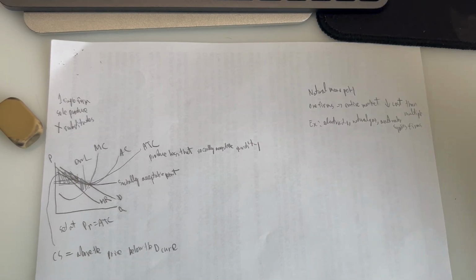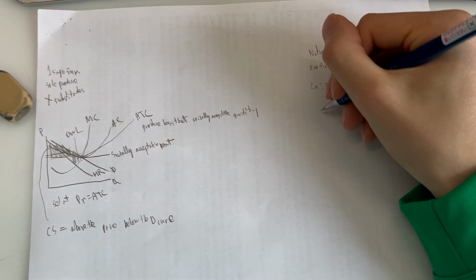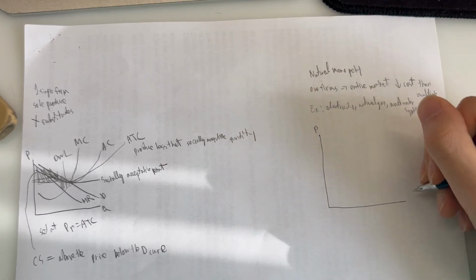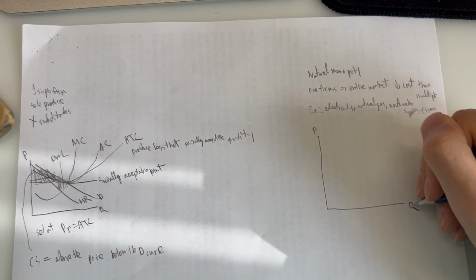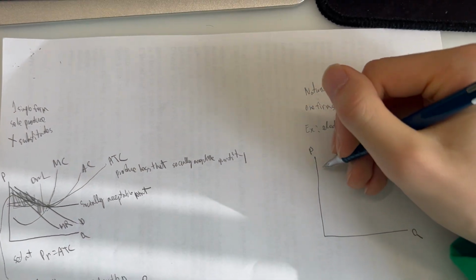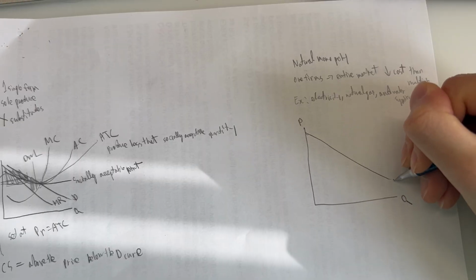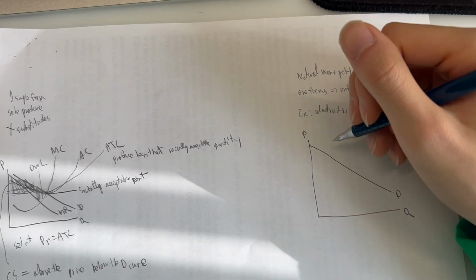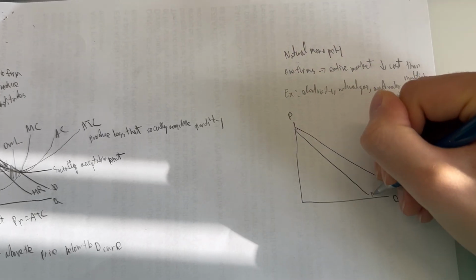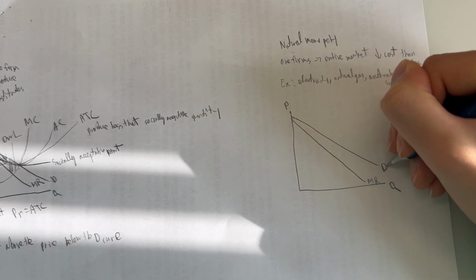Okay, and now a natural monopoly graph. I'm gonna make this graph a bit bigger. Y should be price, X should be quantity or output. So first of all, I'm just gonna draw demand. Same thing as usual. MR is below. So that looks like a P, okay?